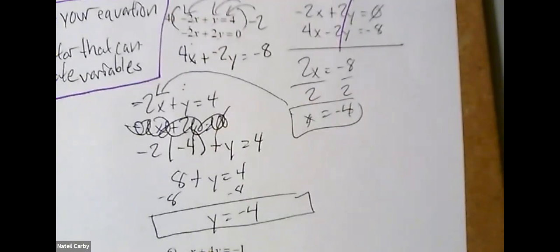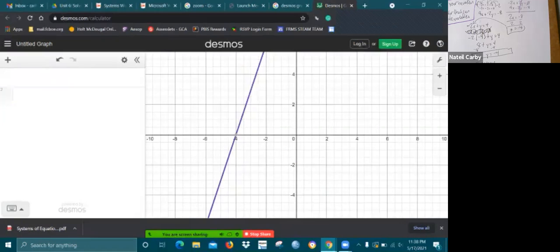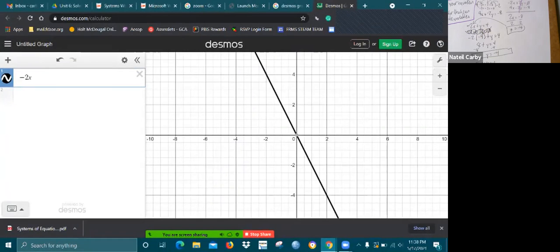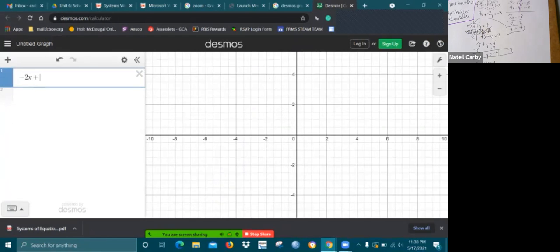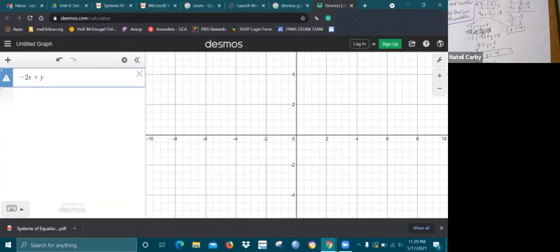So again, if that seems kind of ridiculous to you, we're going to go to Desmos and check it out, just to make sure I'm on the right track. Negative 2x plus y equals 4.